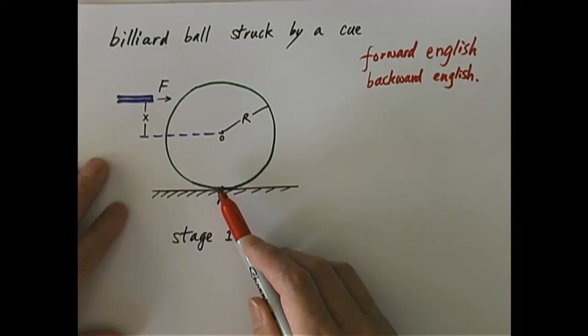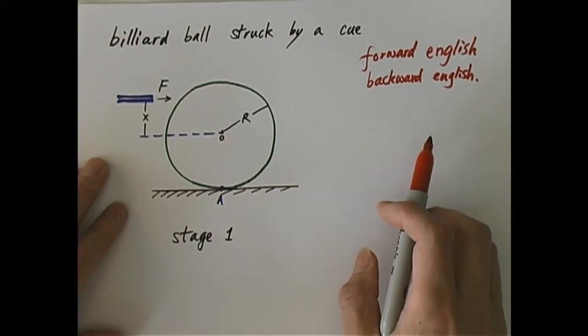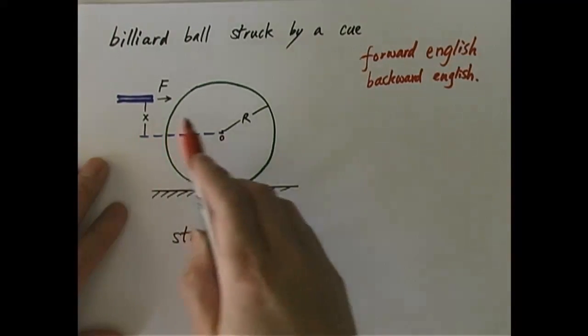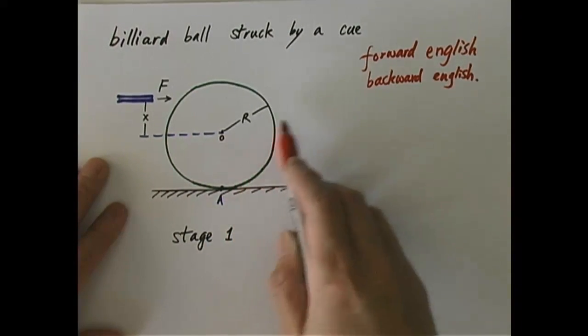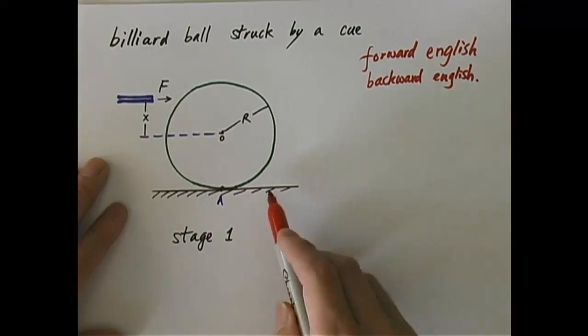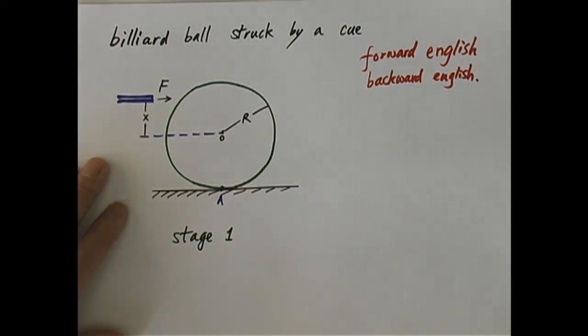That is the final stage. So you get 3 stages again. Striking it, that's stage 1, and then the ball starts to go forward, and there was a little bit of sliding here at the contact point. That's stage 2. And stage 3, you don't have any sliding anymore. It settles into pure rolling, whereupon the speed of the ball does not change anymore, except air friction can slow it down.